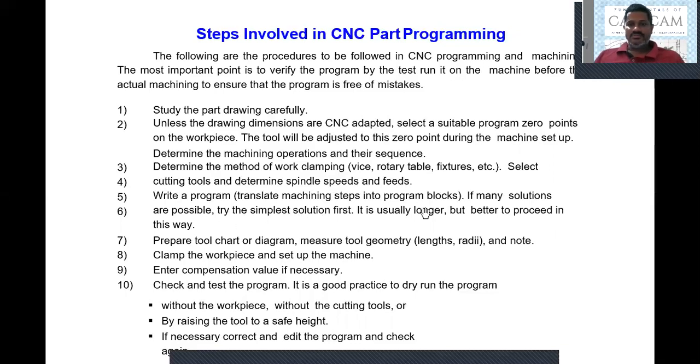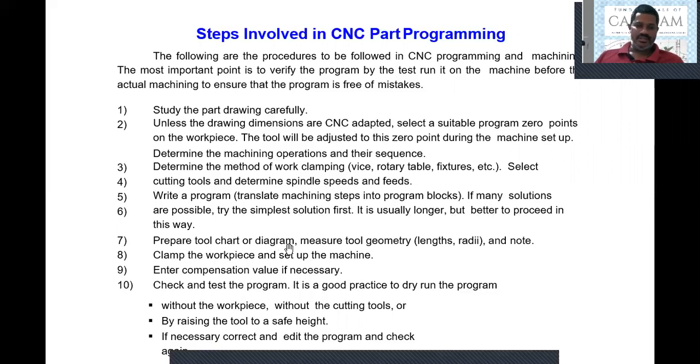Then to write a program, if many solutions are possible, try the simplest solution. If there are a number of solutions, we need to find the optimized solution. Then prepare a tool chart for the diagram.